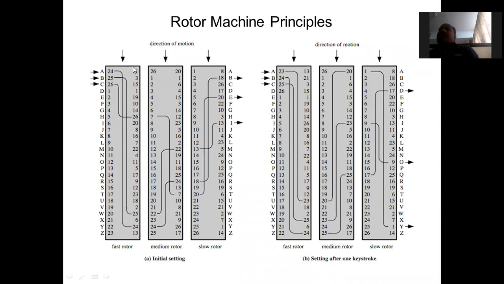Whatever these numbers are, you will not find them in sequential order here. Why are we not writing them in sequential order? Because we want to increase the complexity of the rotor machine principle. If I write them sequentially, 1, 2, 3, 4 like that, we will not get more and more security.